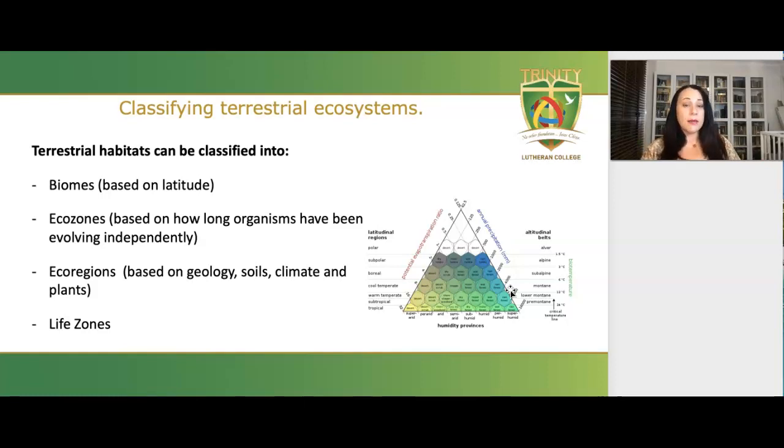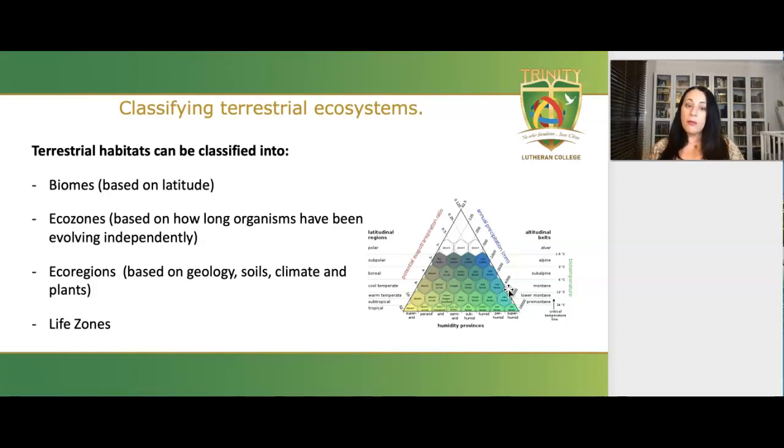We sometimes classify them based on their biomes, which really is all about their latitudes, how cold they get, how far north or south they are from the equator. Sometimes we organize them into ecozones, which are enormous zones, all about how long different organisms have been evolving in relatively isolated patterns within a particular zone, because they're usually separated by a really big ocean.